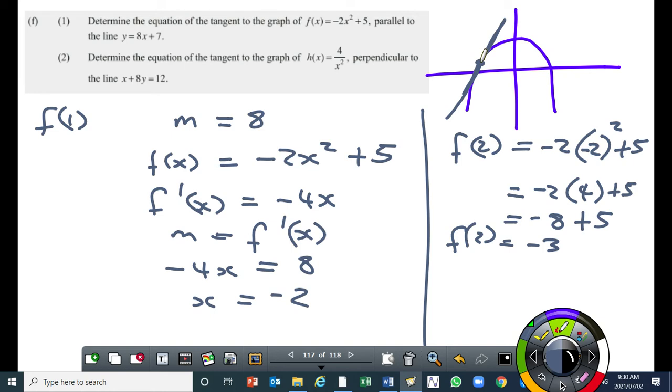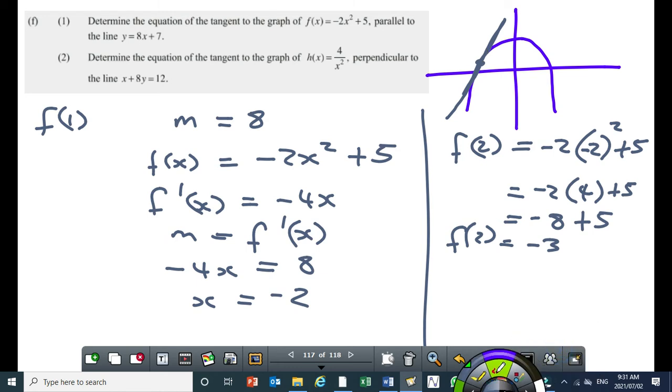So I found the gradient of the tangent, used the first derivative to find the x value at the point of contact. Then the x value that I got here, I then substitute into the quadratic function to get the y value. Once I've done that, I can now determine the equation of the tangent. So on the next page, I have to say y equal to mx plus c.